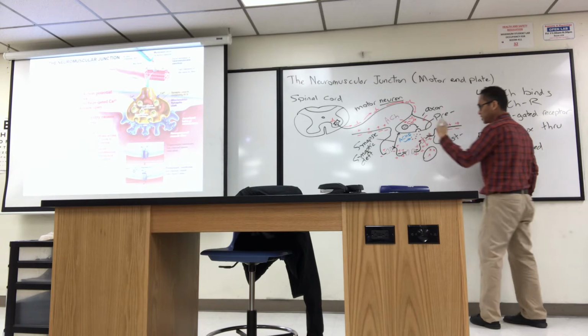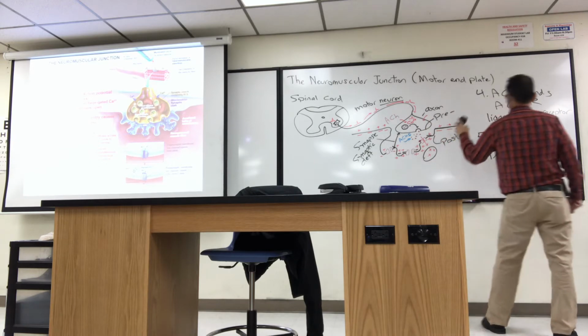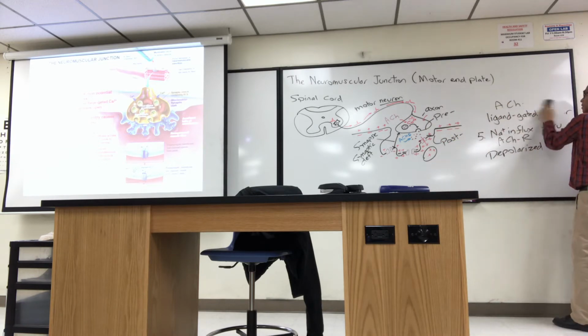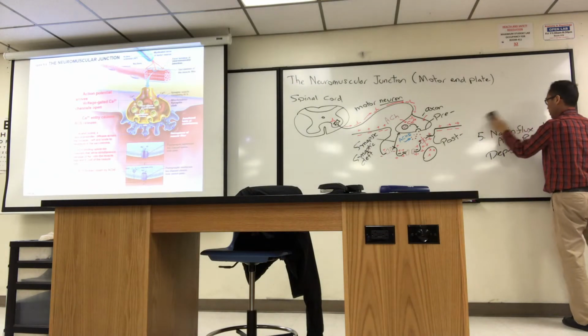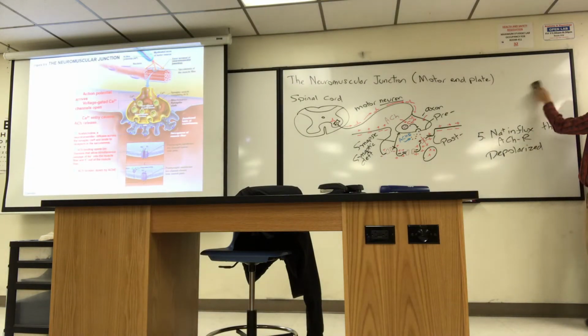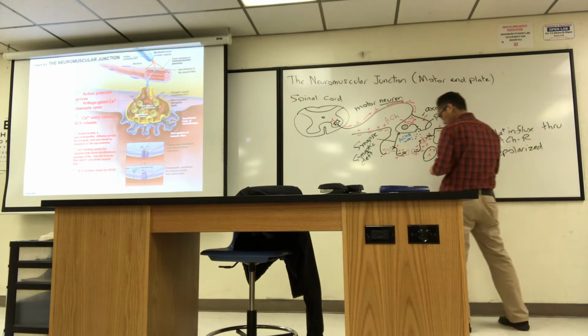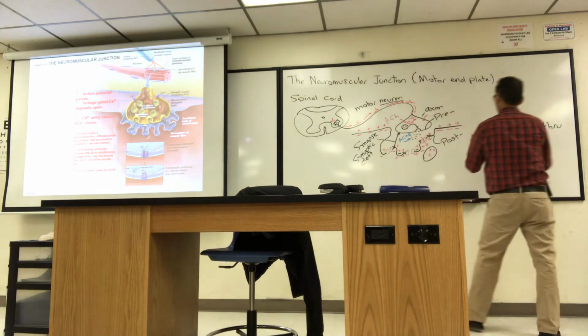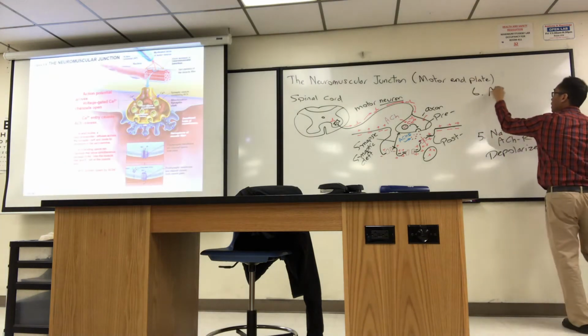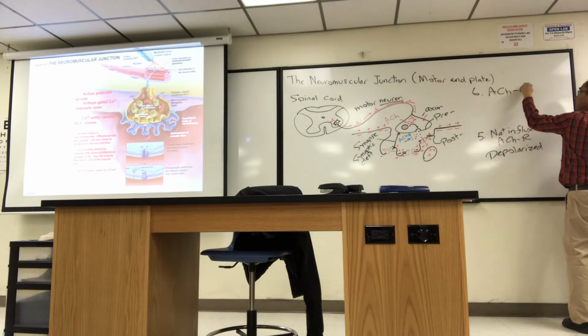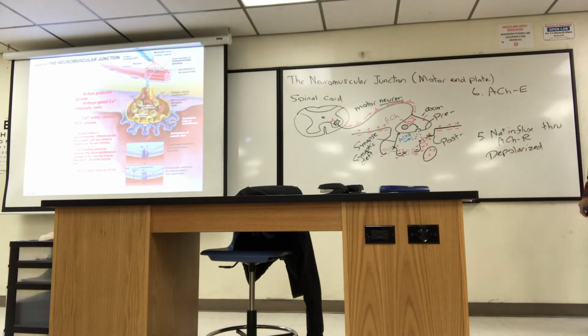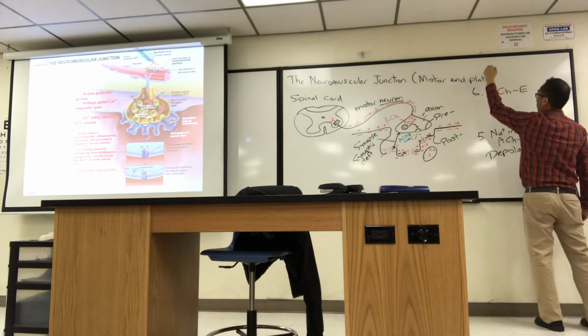It's just going to break the ACH down. So let me write that as a sixth step. I'll leave step 5 there. Step 6, ACHE. E stands for esterase. Let me write the whole thing out.